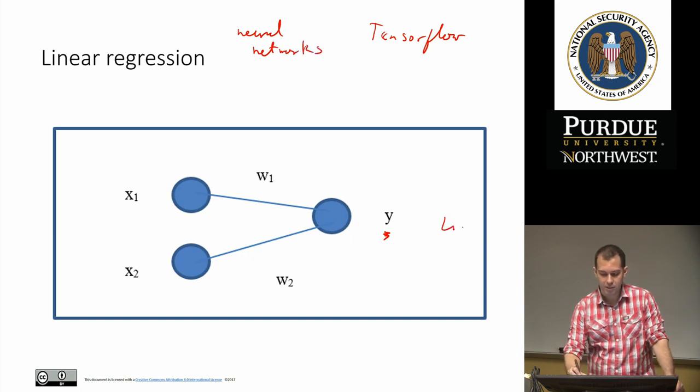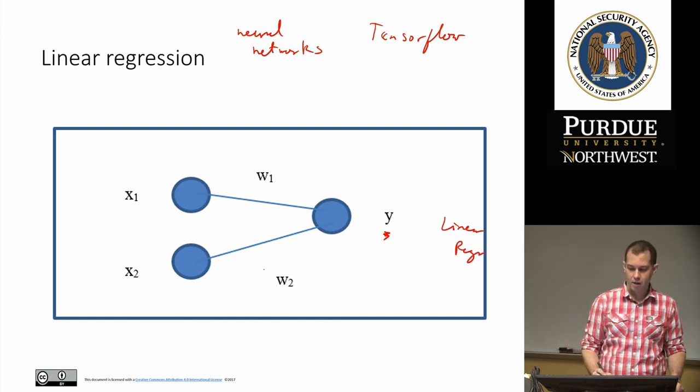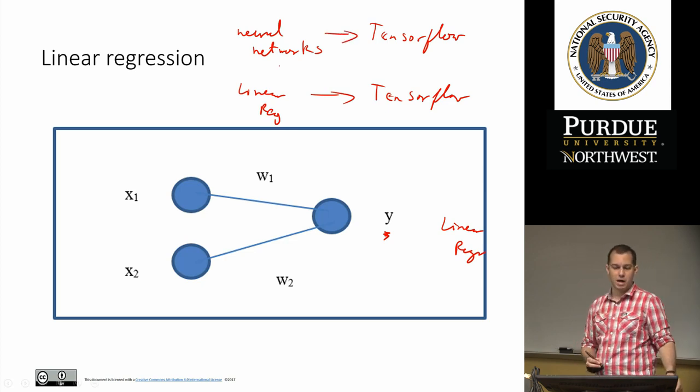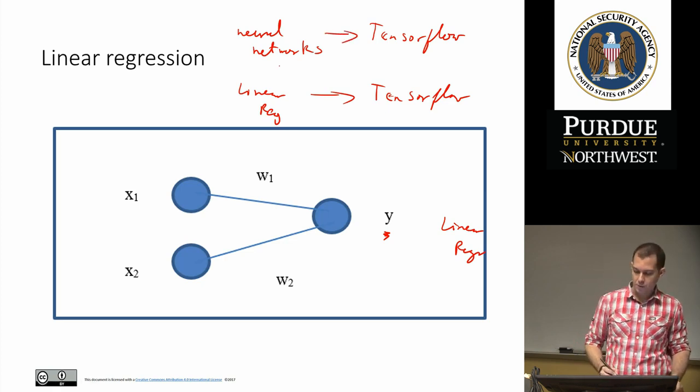And even though this is linear regression, this also looks like a network. So that means that we can model a linear regression model, and many models, as networks. And so we can model them in TensorFlow.